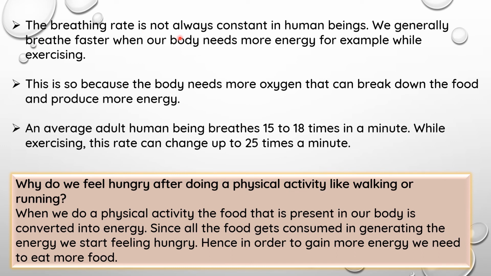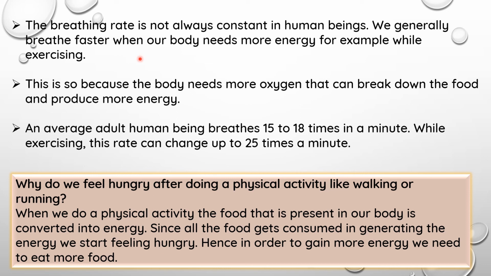The breathing rate is not always constant in human beings. We generally breathe faster when our body needs more energy, for example, while exercising. At a normal time, our breathing rate is also normal, with inhalation and then exhalation in the normal way.